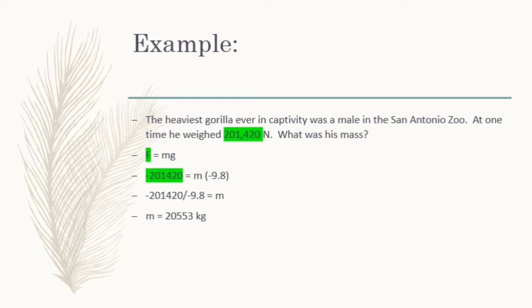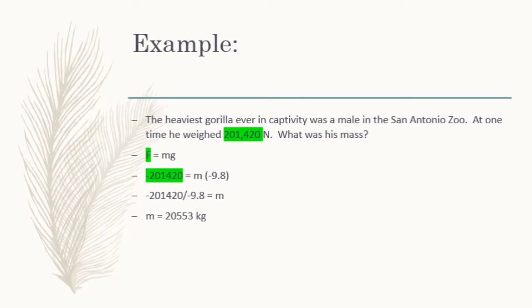So g is going to be negative 9.8. So all I have to do to find the mass is divide by g. As you can see here, we have negative 201,420 divided by negative 9.8. Our mass is 205.53.